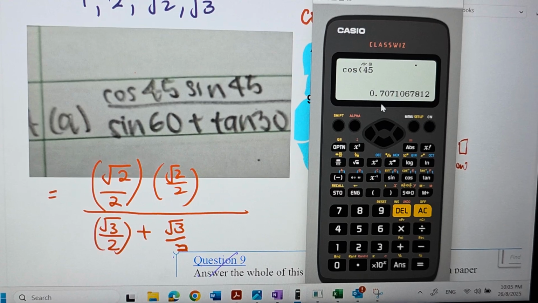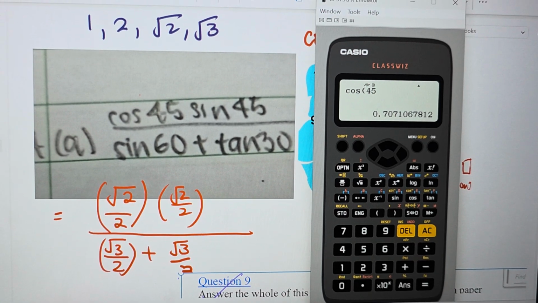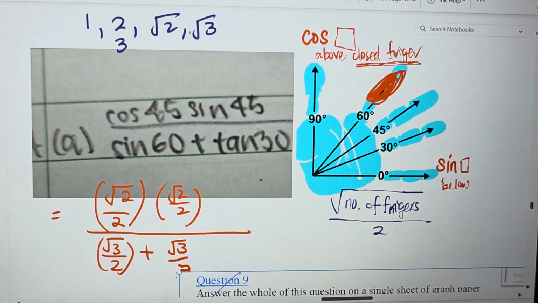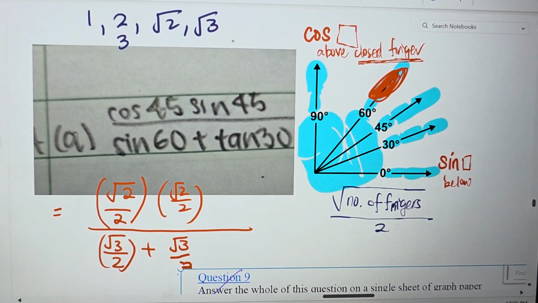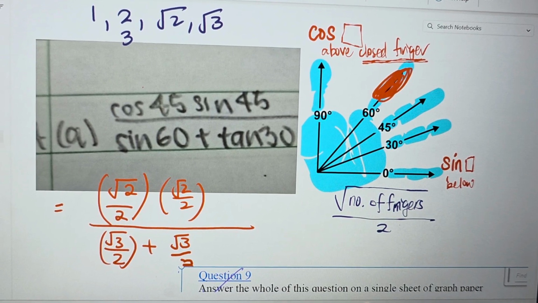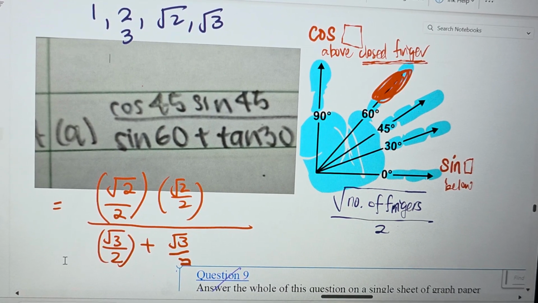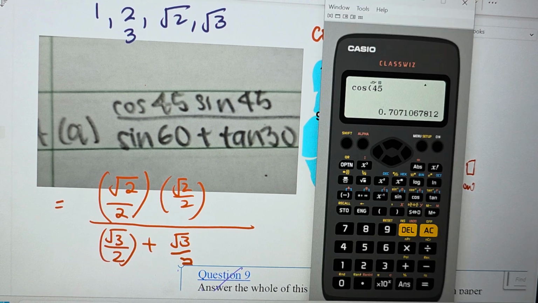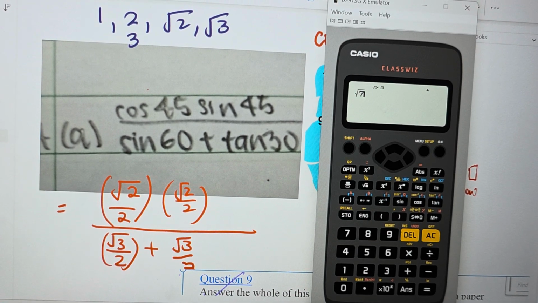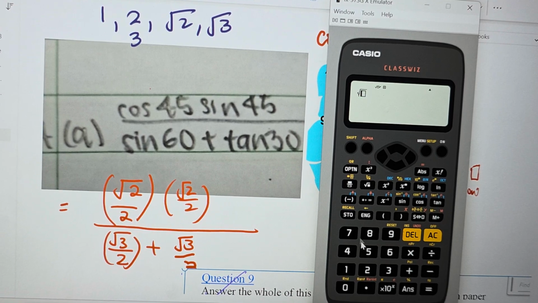So how do you express this in exact form? You remember these numbers that I asked you to take note of: 1, 2, 3, then square root 2, square root 3. So you press square root 2, and you'll find that square root 2 is 1.4 something.